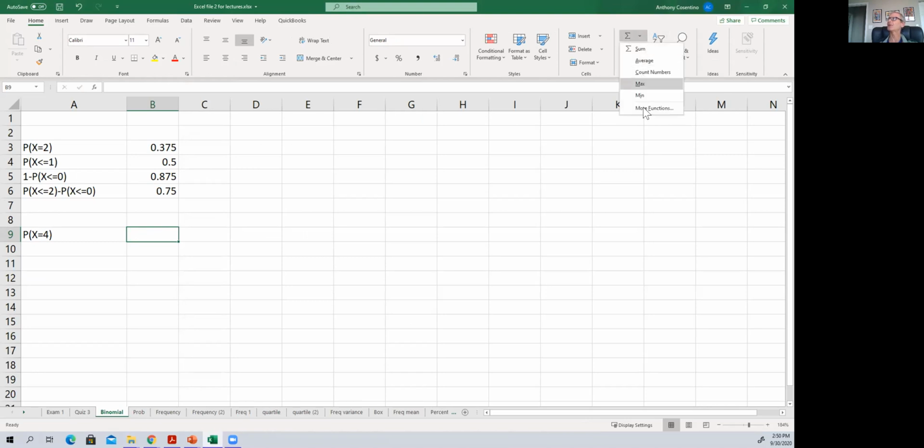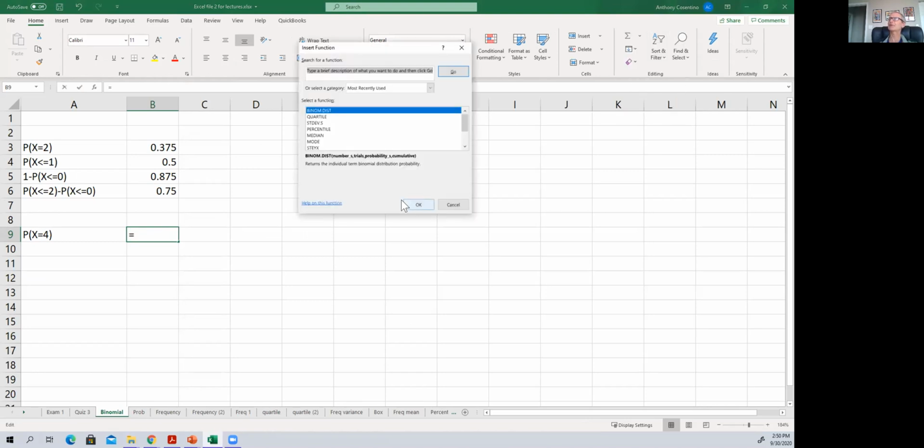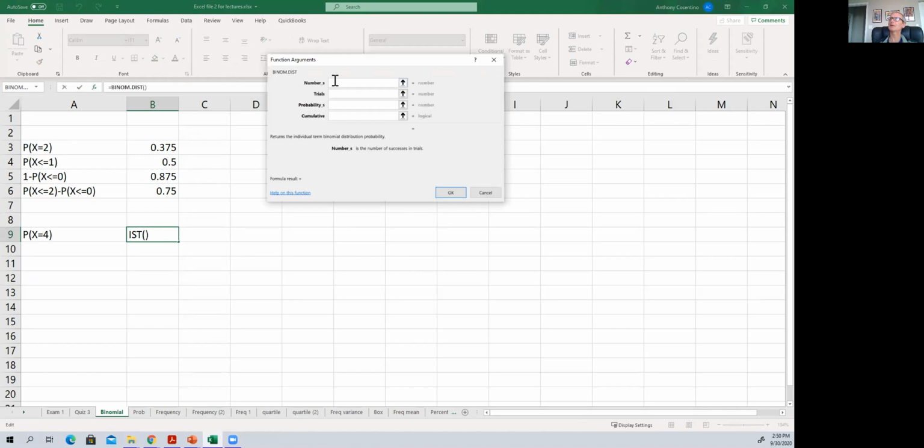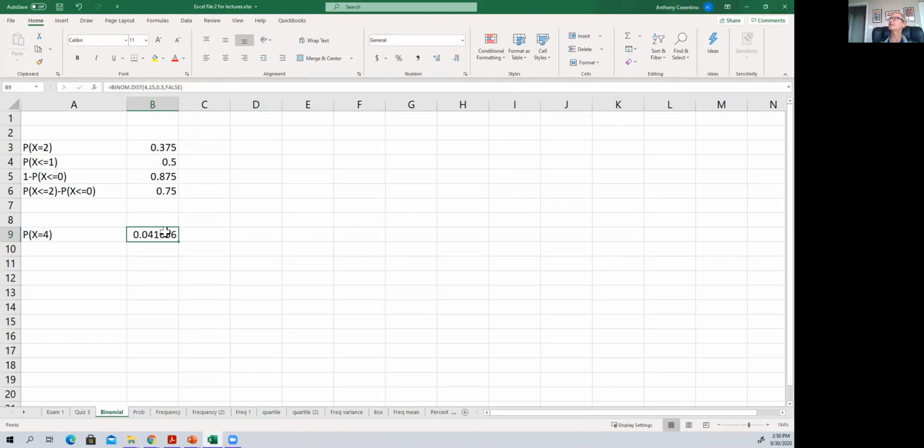If we hit more functions in the binomial, you would see that 4 is the number we're worried about. Trials is 15. Probability of 0.5. And since it's equal, it is false. Now the probability is not 0.5, it's 0.3.